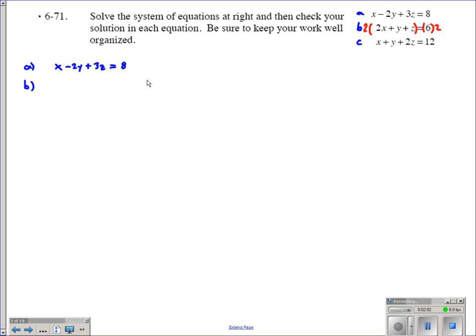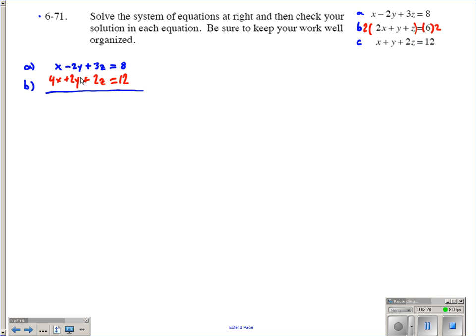So 2 times 2x gives me a 4x. 2 times y gives me plus 2y. 2 times z gives me plus 2z. And that equals 12. So now it's set up to do elimination here. I'm going to eliminate my y's.